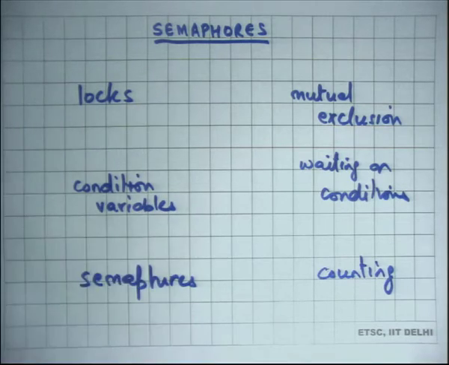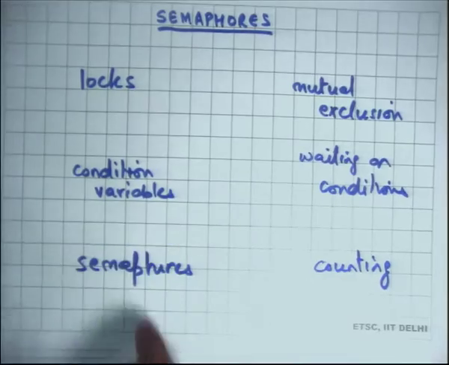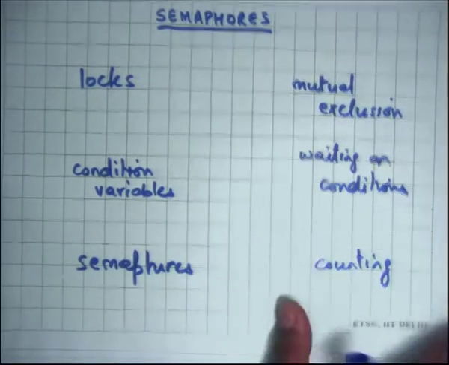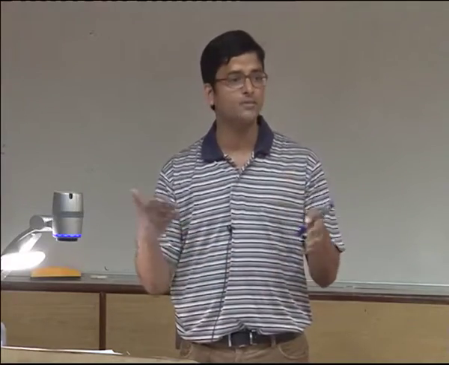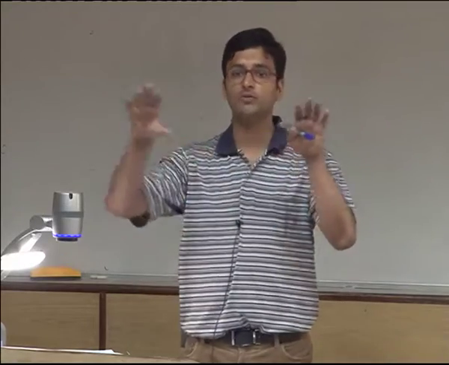So we have looked at these two abstractions already, and today I'm discussing semaphores, and let's see what semaphores are. A common pattern in programming, like this producer consumer example, involves counting of resources, right?